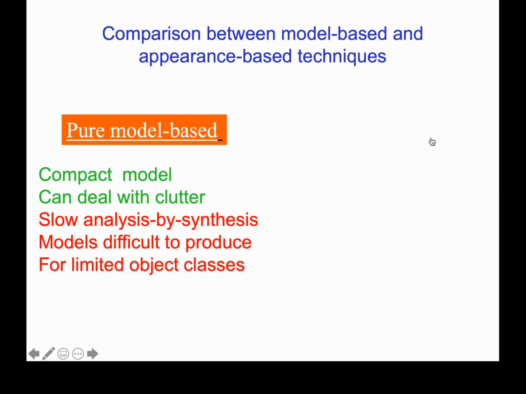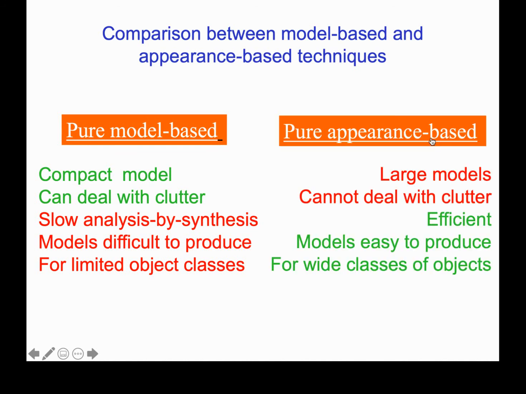The issue was the algorithms were very slow because the hypothesize-and-verify, or analysis by synthesis, approach was rather slow. Creation of the models was rather difficult because either you create very detailed qualitative models or you have to find these invariants based on the contours. And its applications were limited to certain object classes and also to images where the contours can be clearly identified.